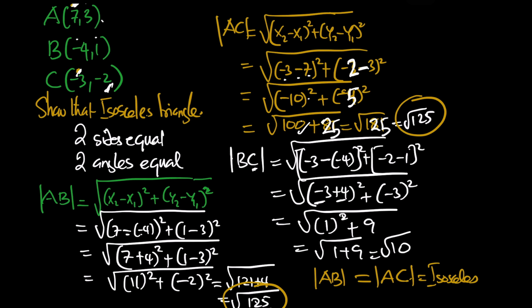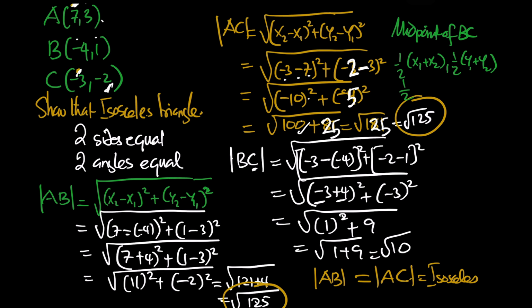Now, if we're being asked to find, let's say, the midpoint of BC, then it's simply half of x1 plus x2, comma, another half of y1 plus y2.